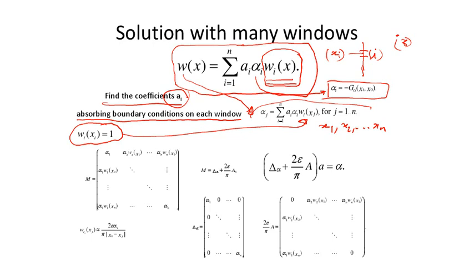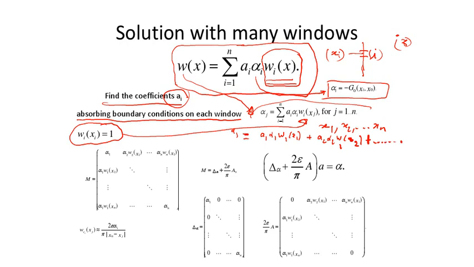So then you end up having a matrix, because for the first one, you isolate alpha 1, and you get A1 alpha 1 W1 of x1 plus A2 alpha 2 W1 of x2 plus, and so on.